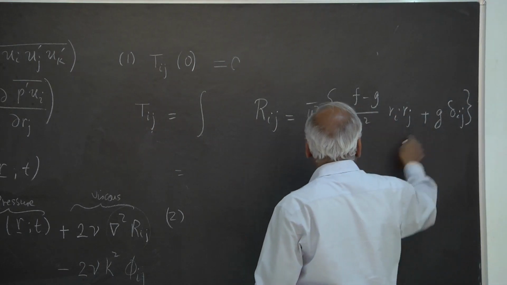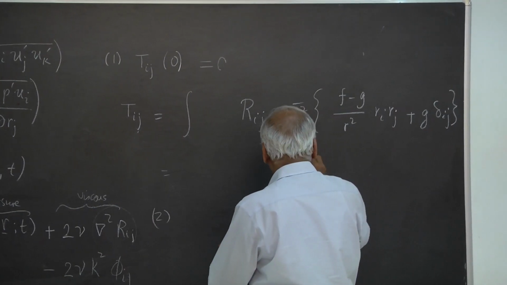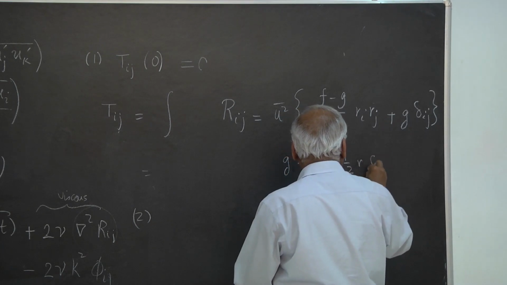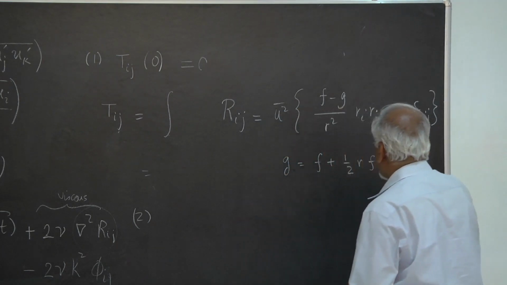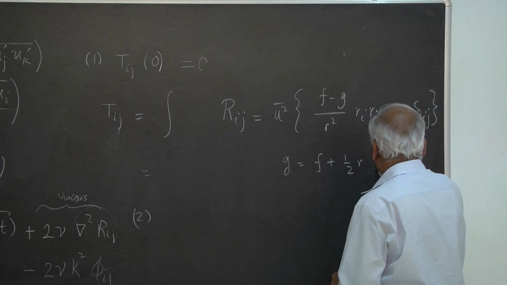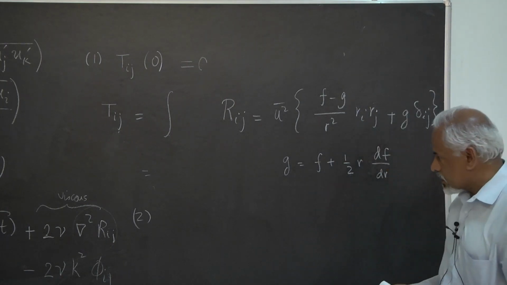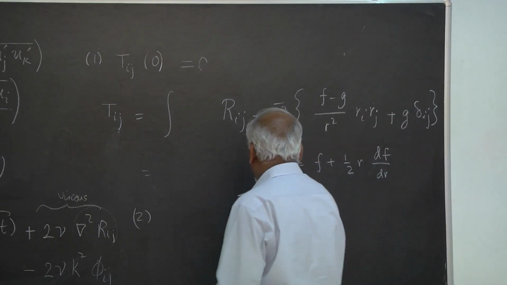It looks like I have two functions, but the two are related to each other. g equals f plus half r f prime. f prime here is simply equal to df dr. So I have just one function. And what is f?